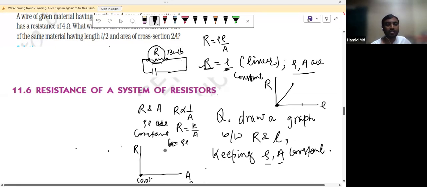Otherwise the teacher will get confused. So draw this relation. It is the same as a y is equal to 1 over x type relation, right? You must have drawn the graph to solve these equations.